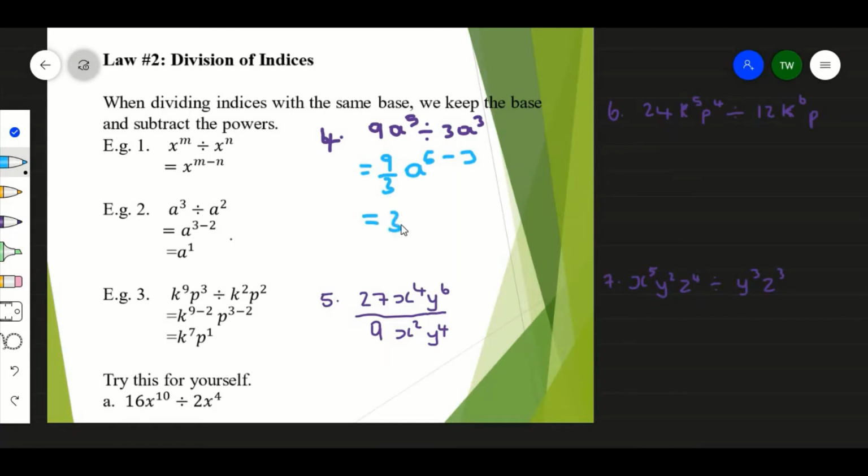It's going to give us 3, and a, and 5 minus 3, that's going to give us 2. So our final answer is 3a squared.